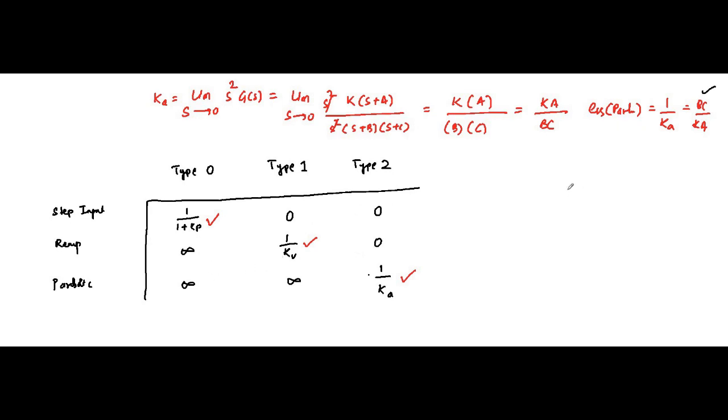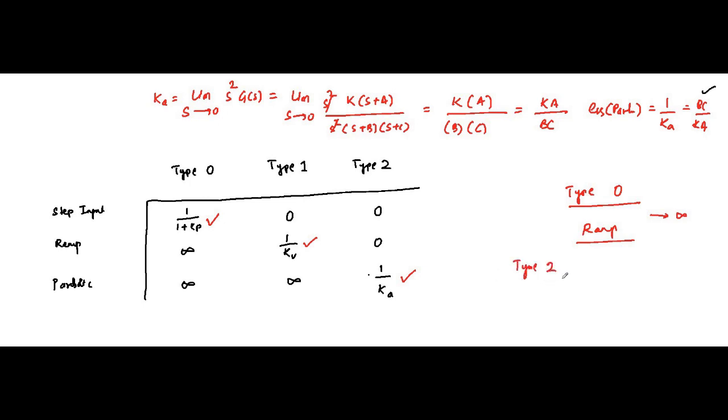In all the other cases, suppose it is given a type 0 system and a ramp input is applied, you don't need to do all the calculations, because if you remember this table, you can directly say that ramp and type 0 means the result is equal to infinity.